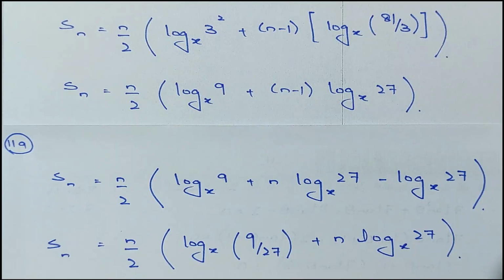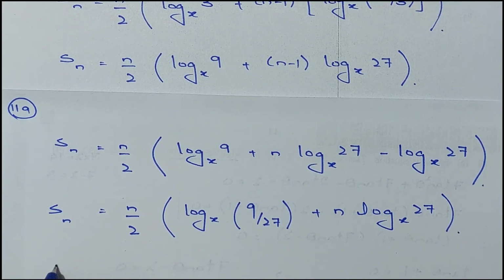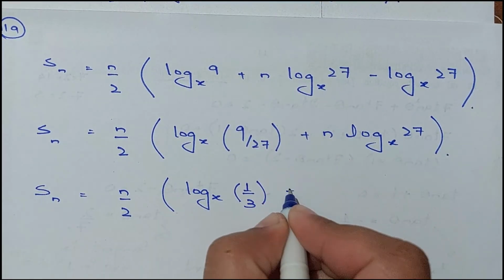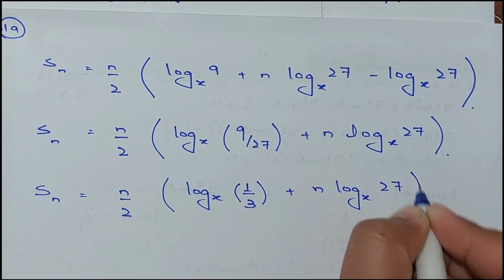It is 1 by 3. So further simplification, Sn is n by 2 times log x of 1 by 3 plus n into log x of 27.